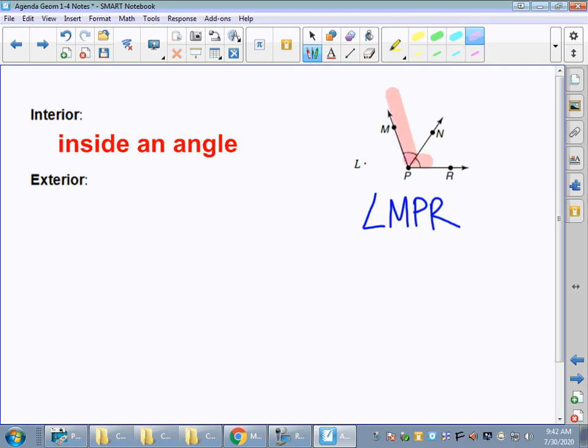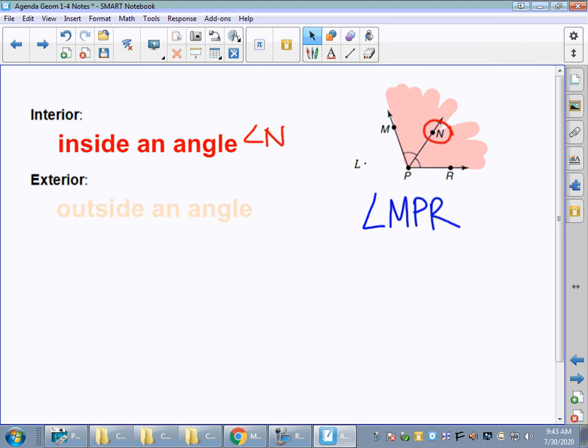P is the vertex, so everything shoots out from P. So there's angle MPR. If I asked you for an interior point, it doesn't matter if there's a ray attached to it or anything else. Angle MPR, interior point would be N. It's in that highlighted part.